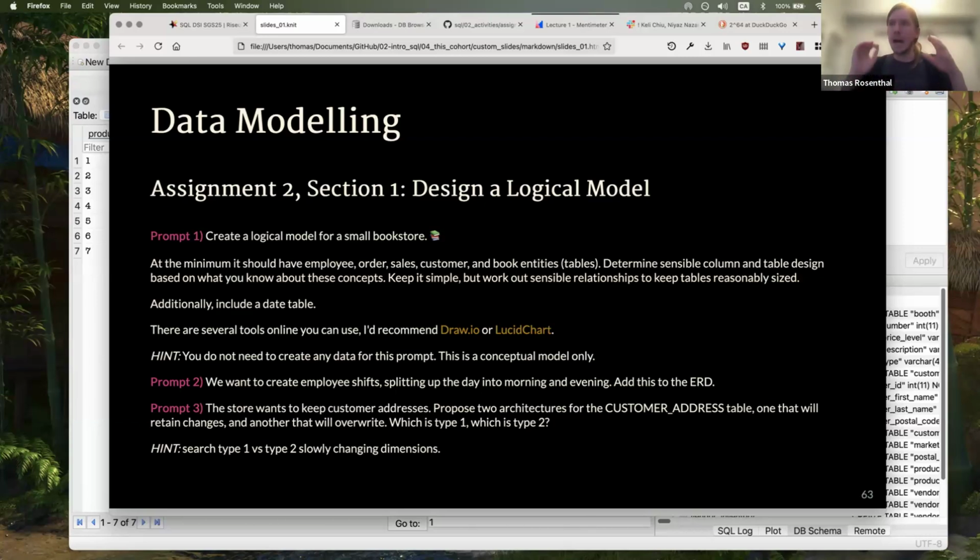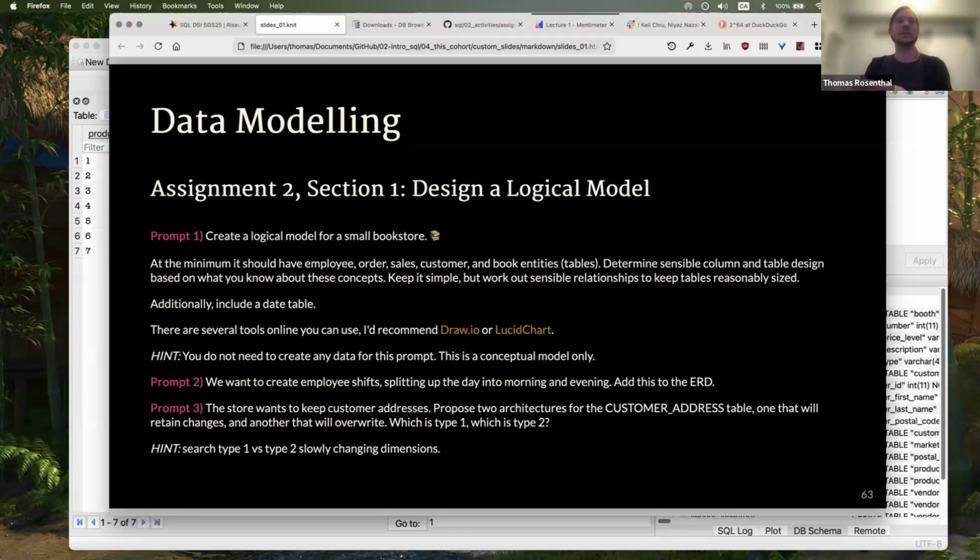You don't need to populate the tables. You don't need to create data for this. You're describing the relationship, how things are built, not actually filling it full of data.